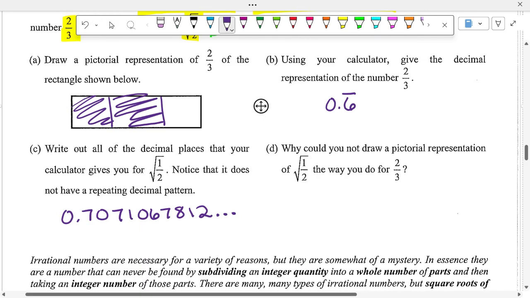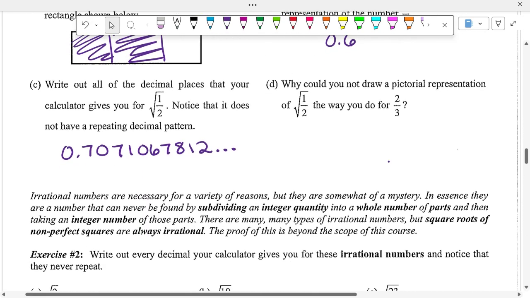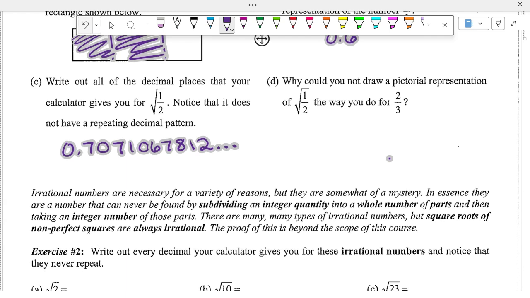But right here, we couldn't because first off, that will never convert to a fraction. Second off, that's not even the full calculation for it. It will keep going forever and ever with numbers with no rhyme or reason pattern. So the reason we couldn't is because the square root of 1/2 is irrational.